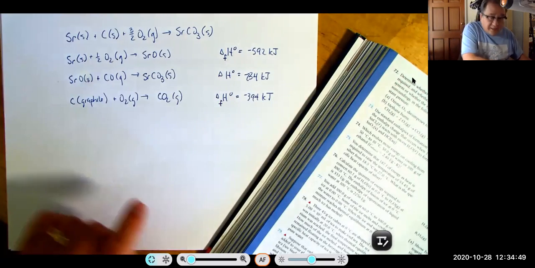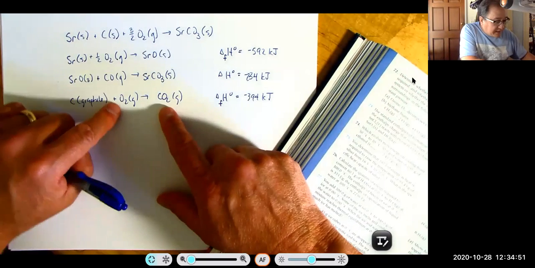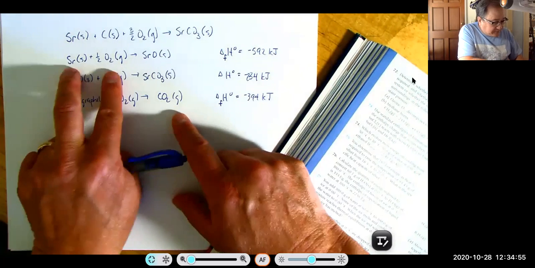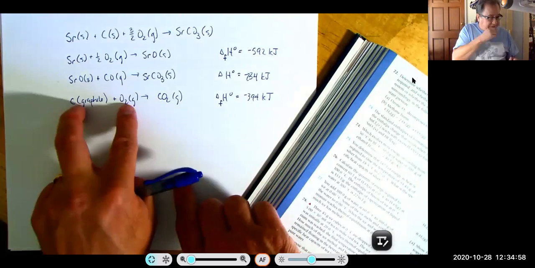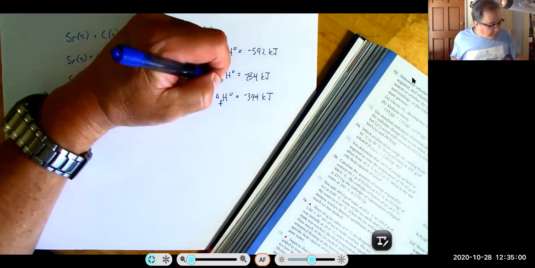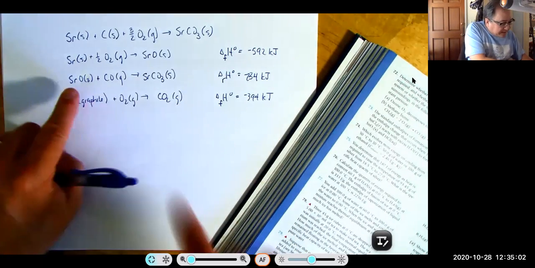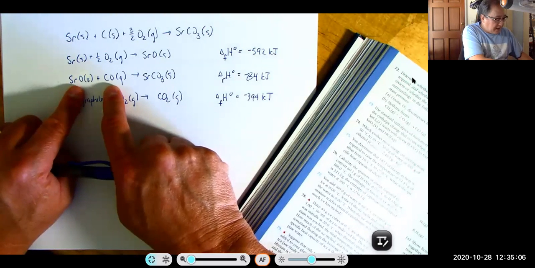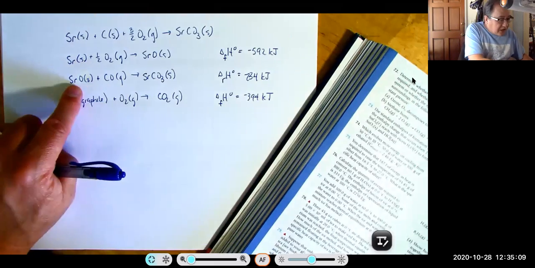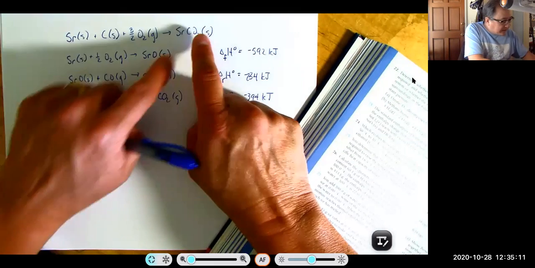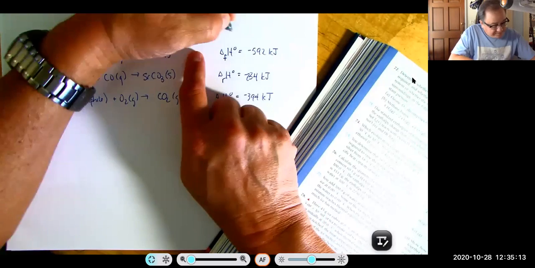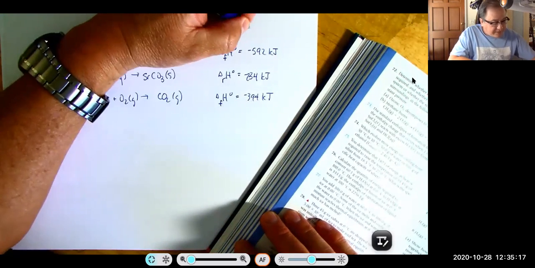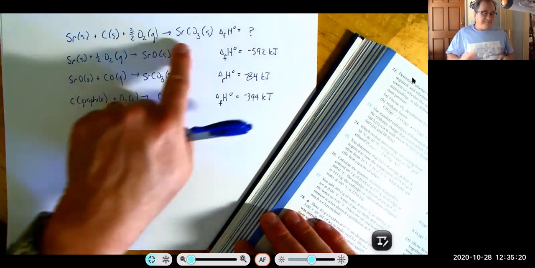And the reason they're formation reactions is because you're making exactly 1 mole of something from its elements. This is not a formation reaction because you're making this from compounds, not from elements. So these are compounds. This is not a formation reaction because you're making this. Oh, this is a formation reaction.